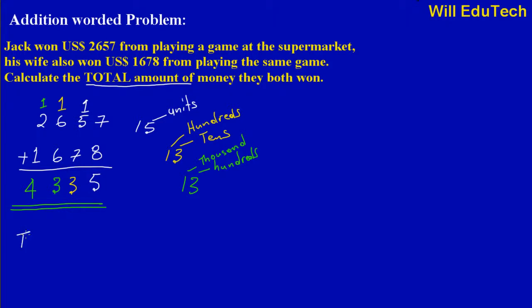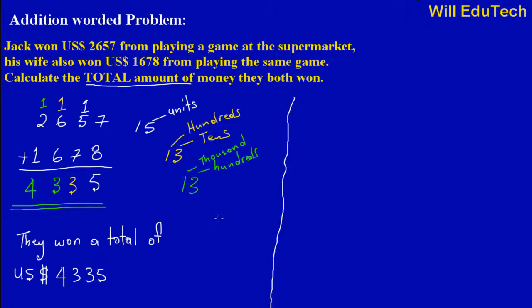So they, meaning Jack and his wife, they won a total of US, because we have to represent the correct units, US dollars, and that would be 4,335.